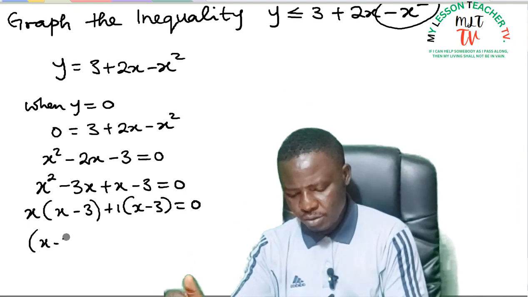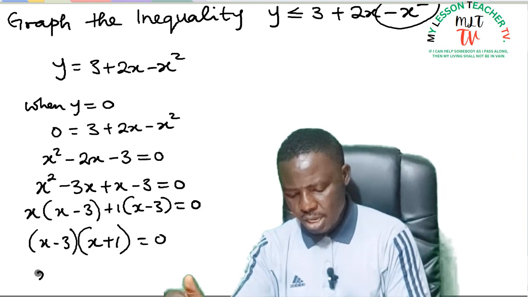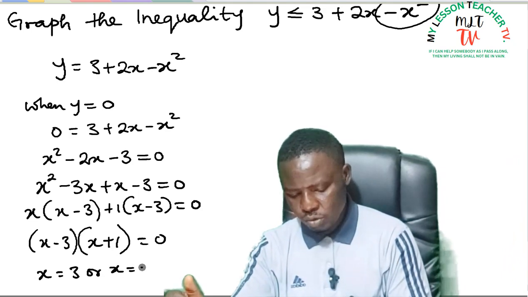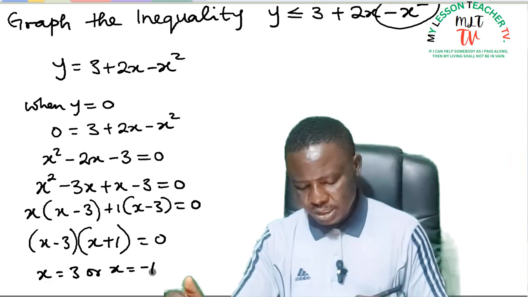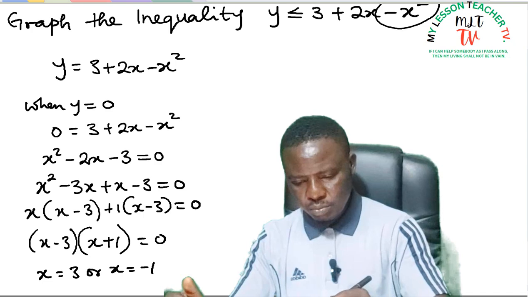And we have x minus 3 into x plus 1 is equal to 0. x is equal to 3 or x is equal to minus 1. This is said to be the N shape.